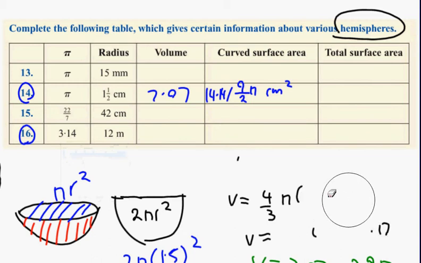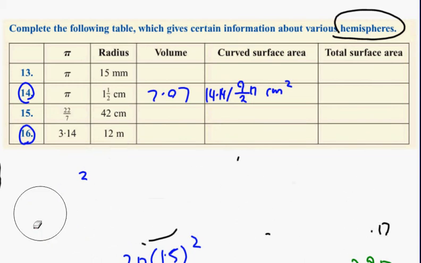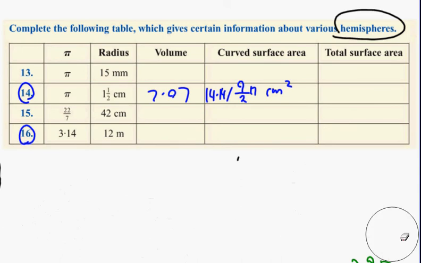Question 16 for the rest of you. So question 16 has 2 parts to it. We can start off with the area if we want. Let's start off with the curved surface area, total surface area. Okay, when you look in your notes, what will you find? When you look into your tables, what will you find, guys?